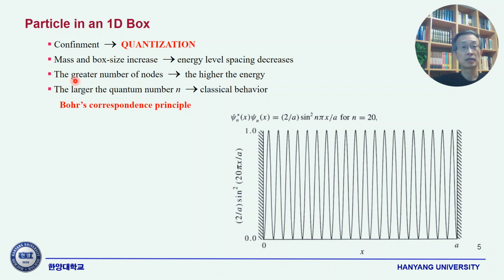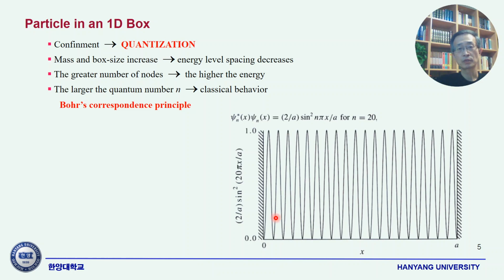This is the plot for n equals 20. You remember that this is sine squared n pi x over a, the absolute value of psi squared, which is the probability.